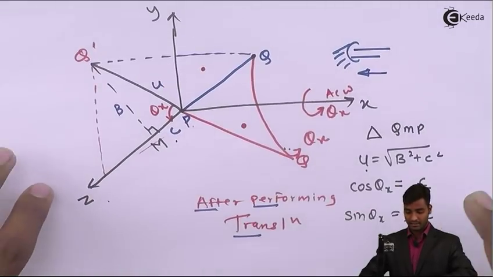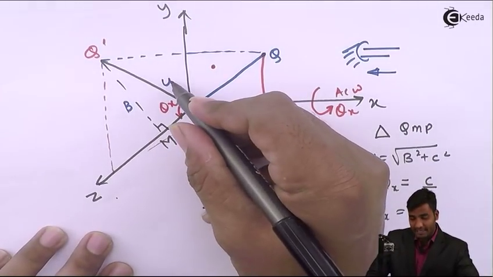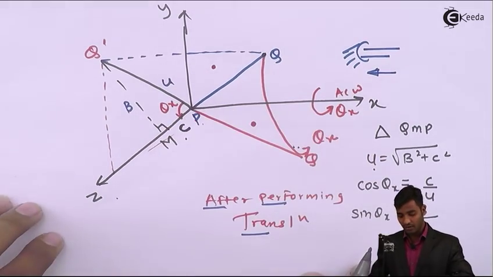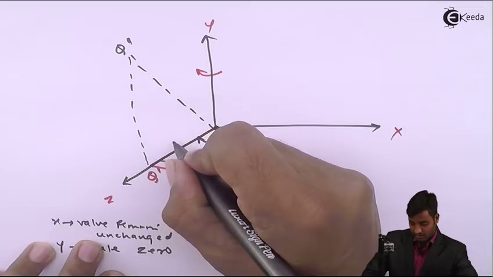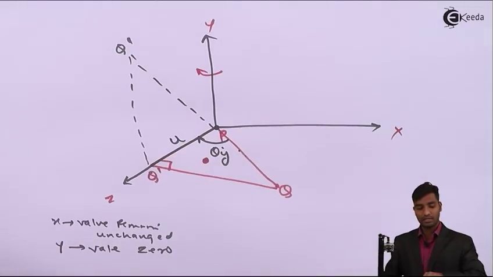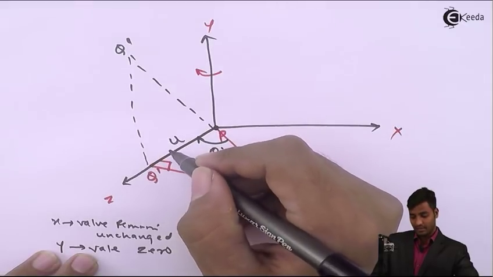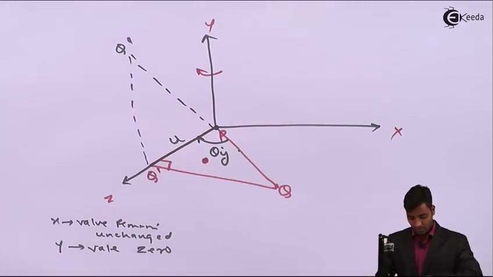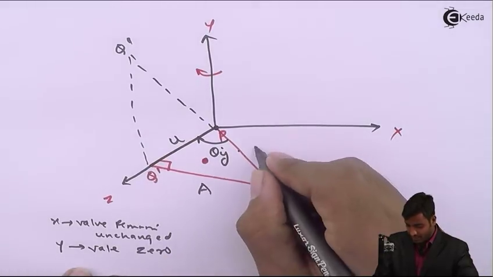Because of that, the value of C has been replaced by the value of U. So I will name it as U, because initially it was here and now C is replaced by U. So I will name Q and Q dash as A and P and Q as V.